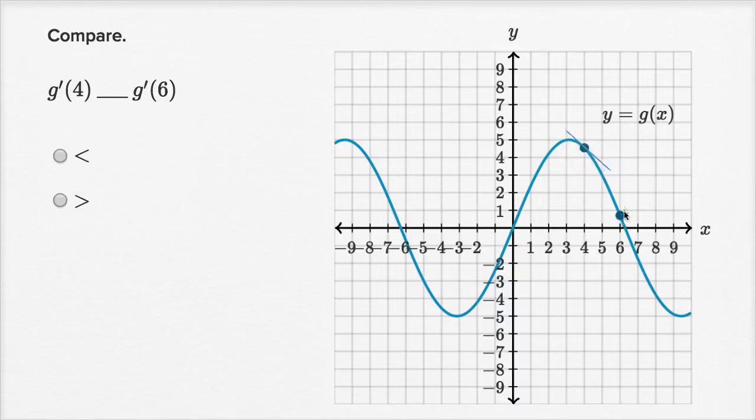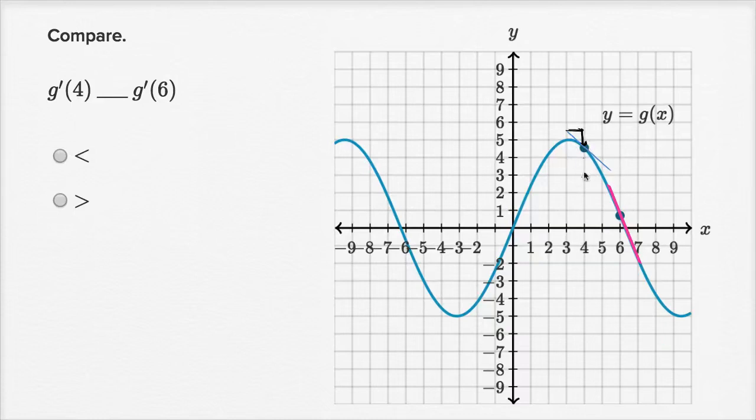And then if we go further down over here, it looks like it is steeper, but in the negative direction. Think of it this way: as we increase x by 1 here, it looks like we are decreasing y by about 1.